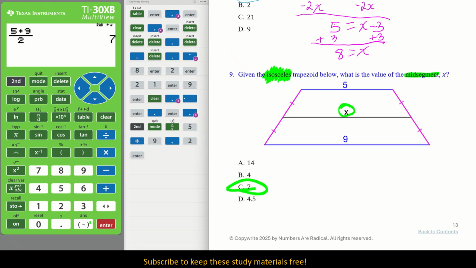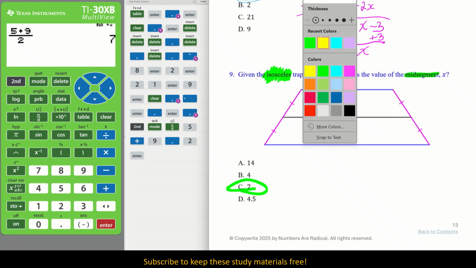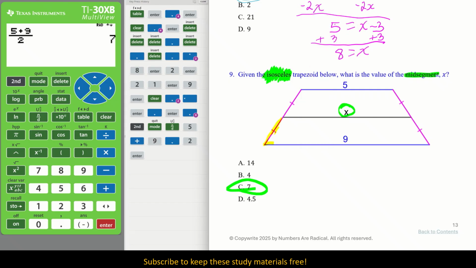Now, there are other ways to see this. If you took this bottom piece here, let me do some highlighting here, took this section of this trapezoid, and this is also probably an activity that you've done or should be doing in the classroom when you talk about this special trapezoid.